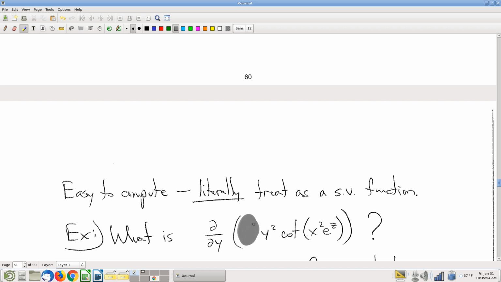Therefore, e to the x is a constant for the purposes of this calculation. x being a constant, z being a constant, well, then cotangent of a bunch of stuff involving just x's and z's is also constant. Right? So this looks like a great big ugly product, but in fact, for the purposes of a partial derivative with respect to y, this is constant times y squared.